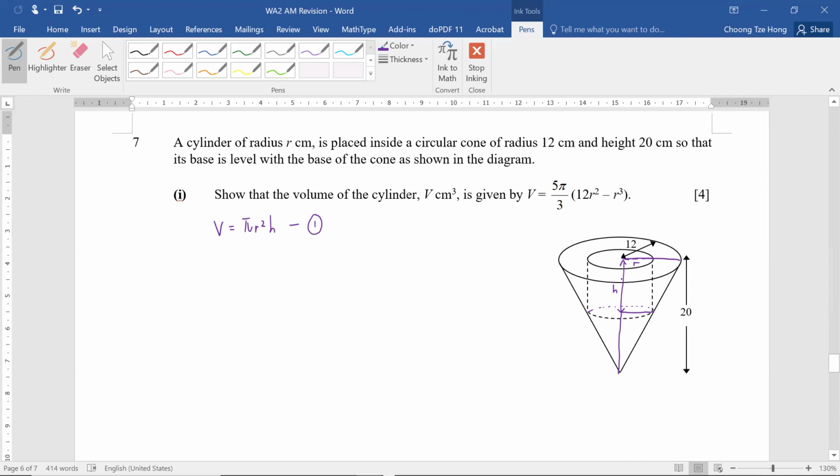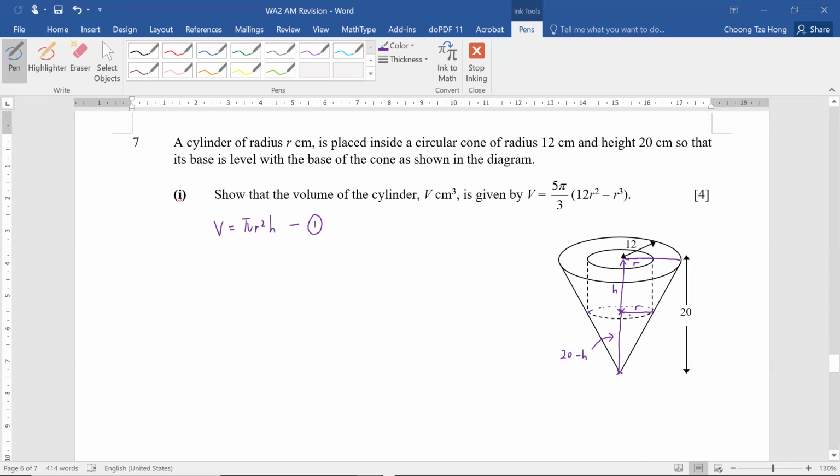The height of the cylinder is h. From this point all the way to the bottom of the cone, this will be 20 minus h, because 20 is the full height of the cone, minus the height of the cylinder. This one will still be r, the radius of the base of the cylinder.